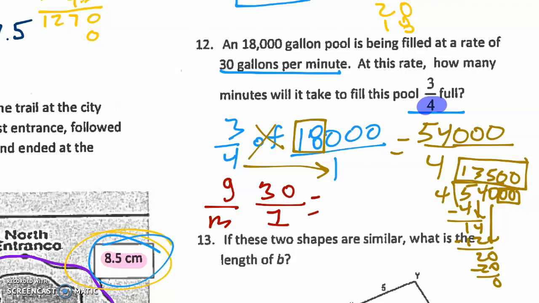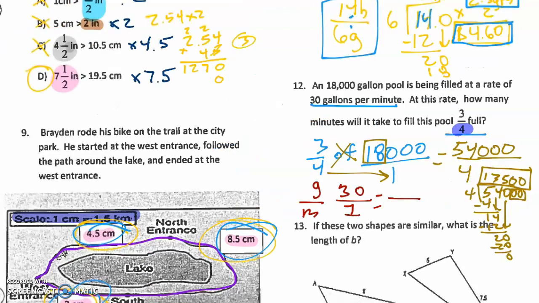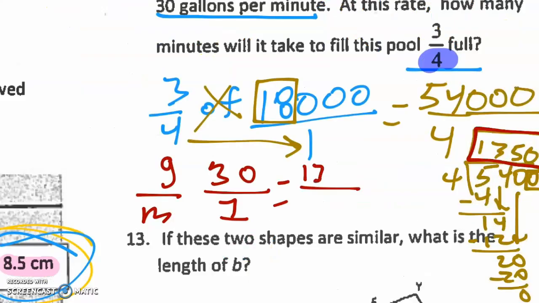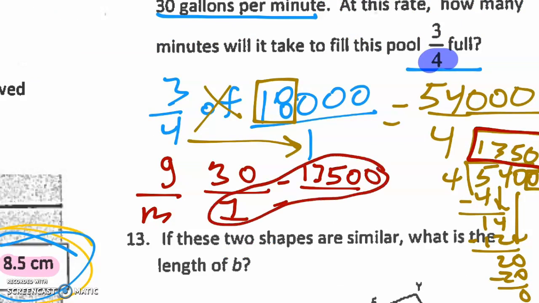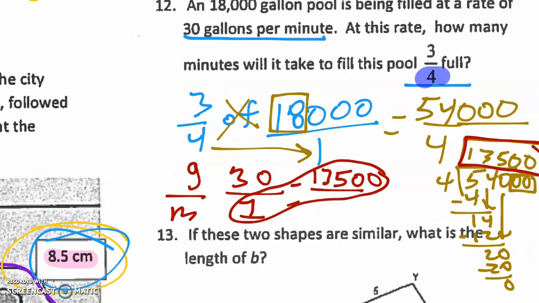So how many gallons do we need? We need 13,500. So you would then cross product and divide. Obviously, that's 13,500. And then you would divide by 30.